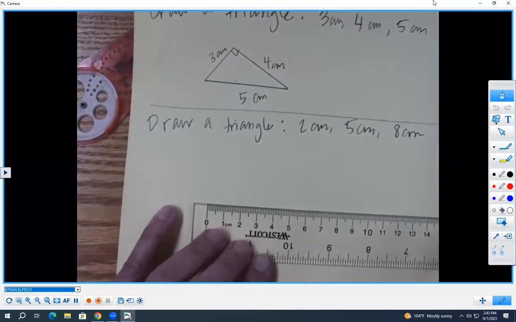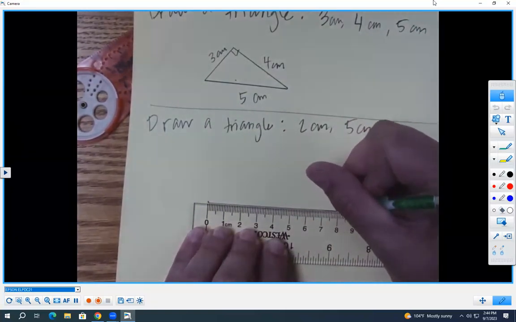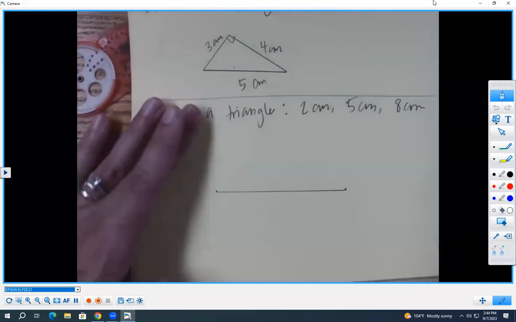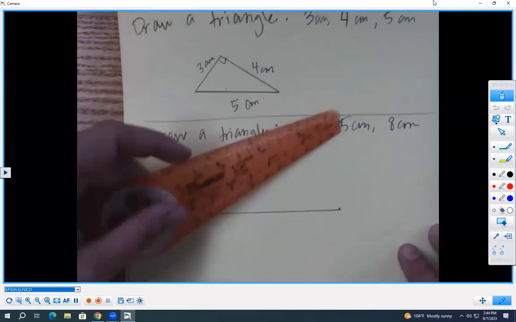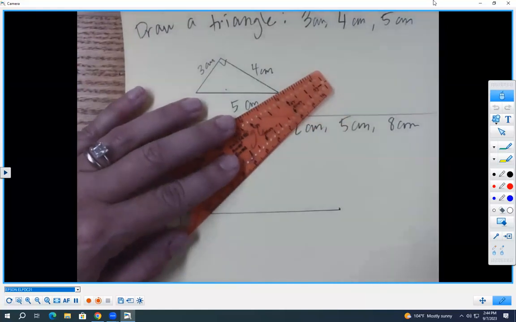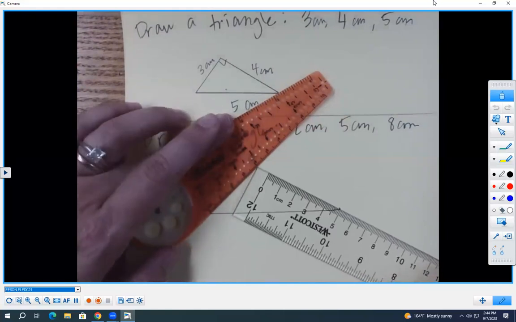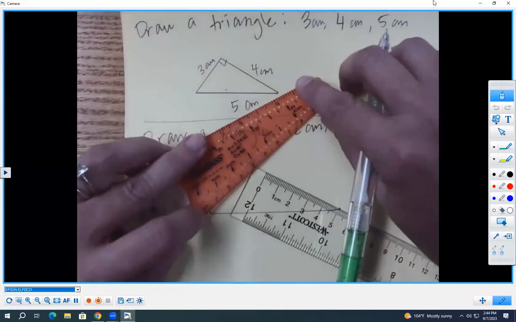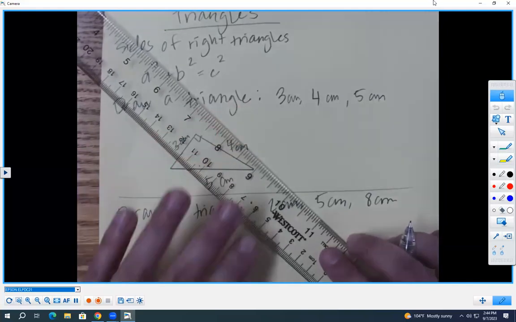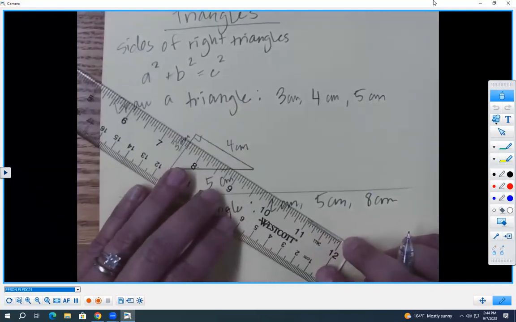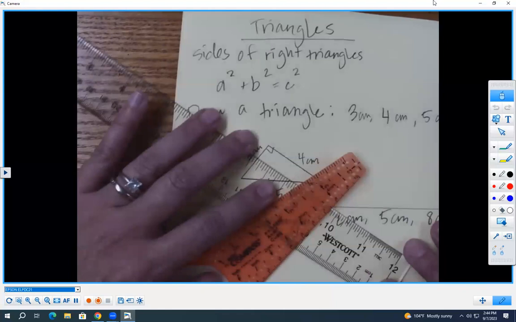So if I start off with the 8, and then if this is my 5, here's my 5, starting there, it goes up to here. Here's my 2. I need to get them closer.